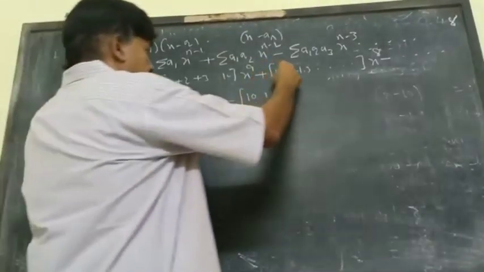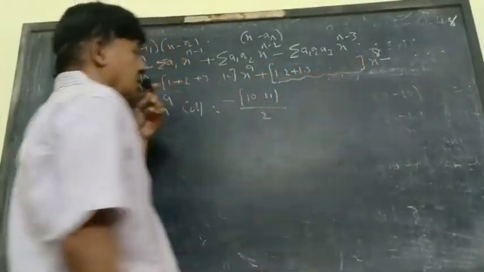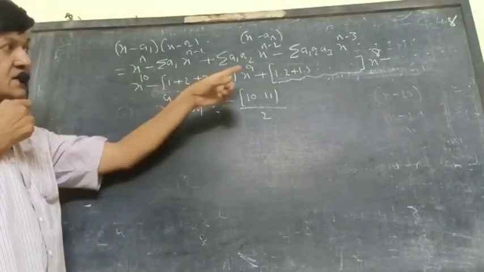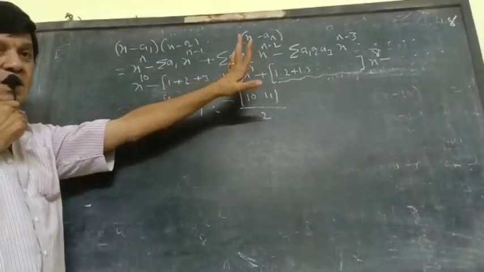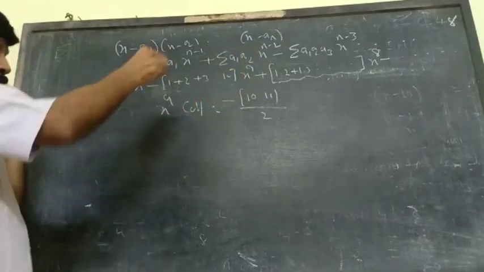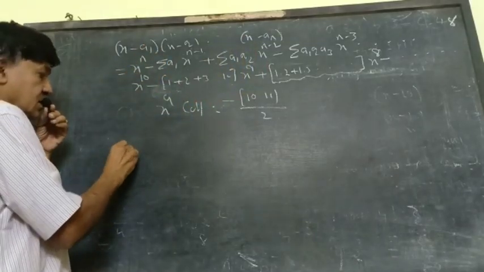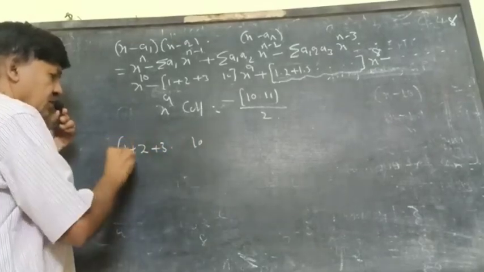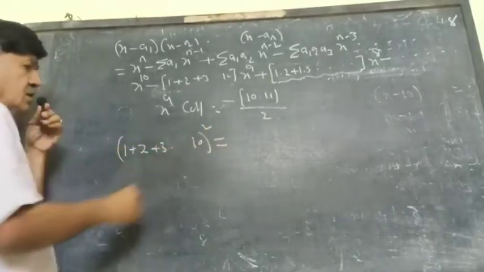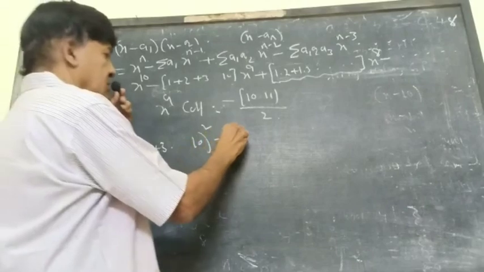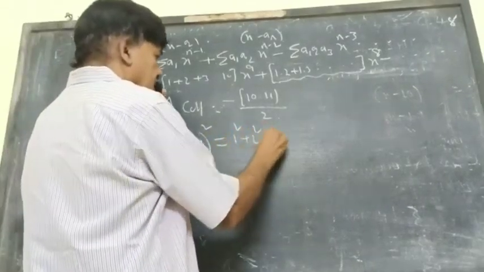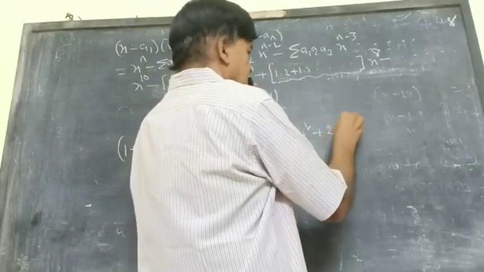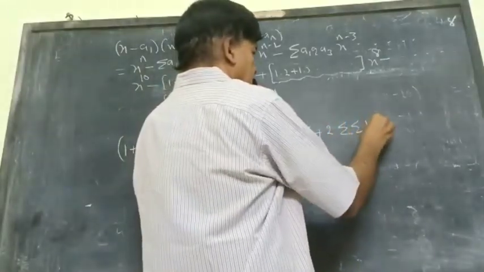The problem is this. In the theory I taught how to calculate the sum of the products taken 2 at a time. To get that, what should you consider? (1 + 2 + 3 + ... + 10) whole square is equal to 1 square + 2 square + ... + 10 square + 2 double sigma 1 into 2.